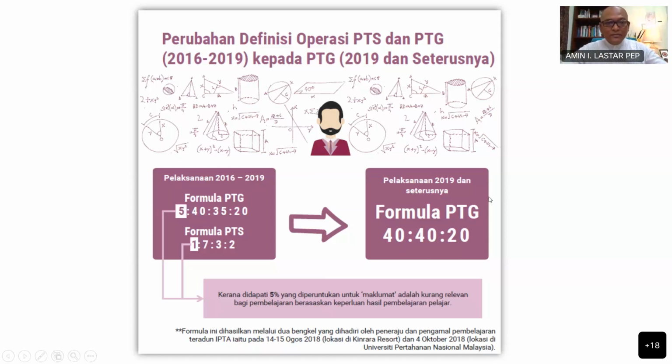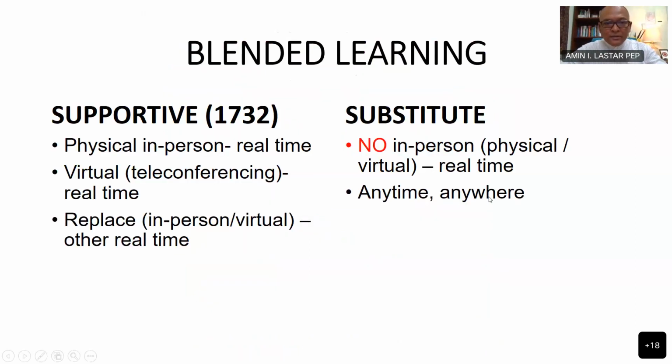So can we move to the table, all right, a little bit on this one. Blended learning, what we have done as supportive blended learning, 1732: physical in person, real time; virtual teleconferencing, real time, replacing in person; virtual, other real time. So this is what we've been doing.